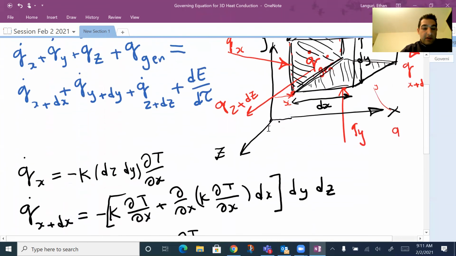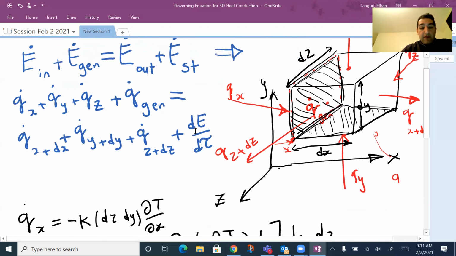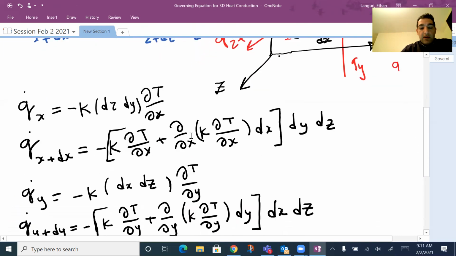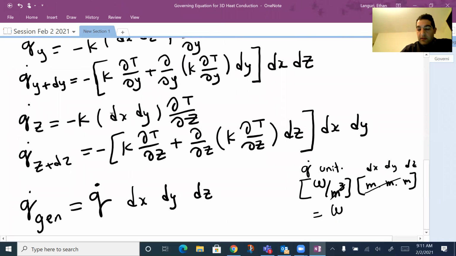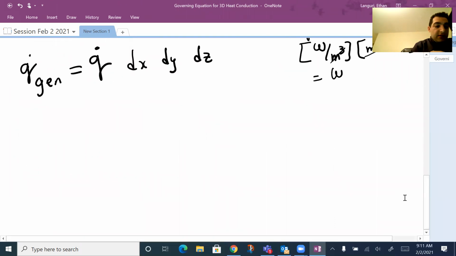One last term I need to work on is dE over d tau, which is the stored energy in the finite volume we have, or you can also call it the variation of internal energy inside the control volume over time. So let's look at that. My last term is nothing but the variation of energy dE over time, or d tau.